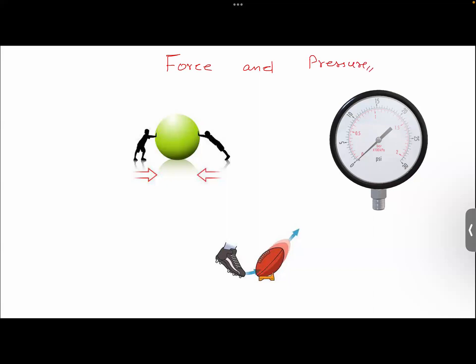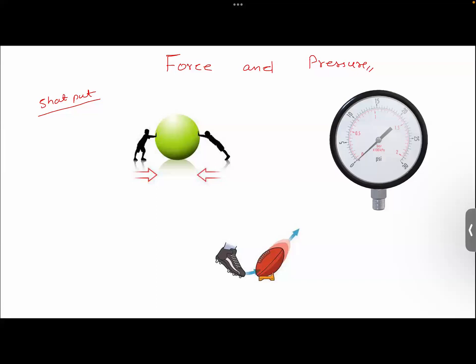Whenever you see an athlete who wants to throw a very heavy ball during shot put, you guys know about shot put now? Yes. It's a sport in which a heavy ball is thrown as far as possible, right?